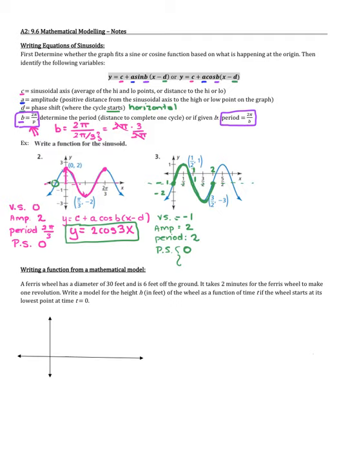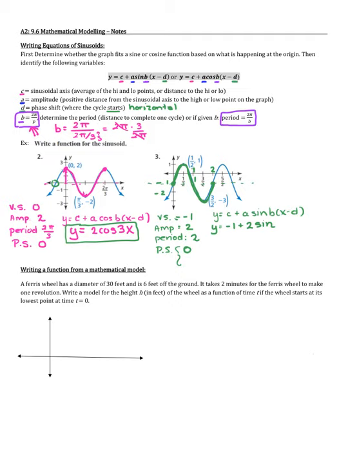So if I put this all together, remember now it's going to be y equals c plus a, we're going to do this as a sine graph, b x minus d. So filling things in, y equals -1 plus 2 sine. Now the period is 2. That's not my b value.